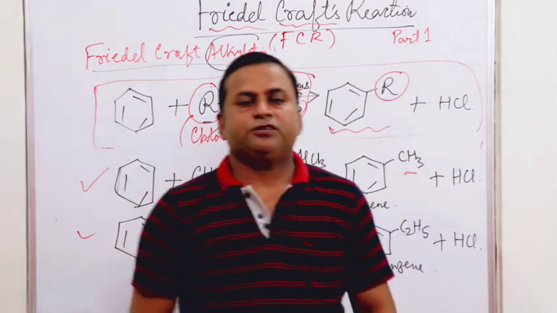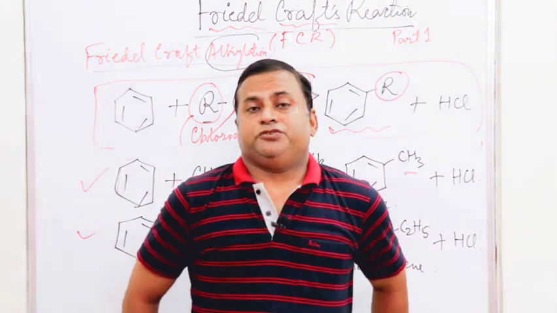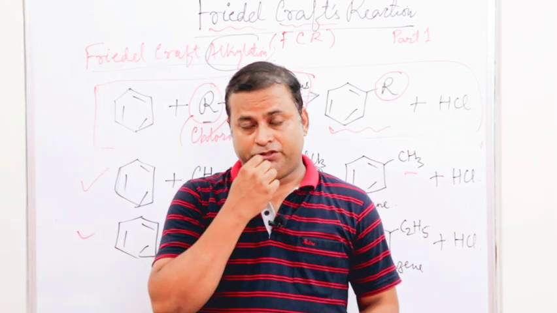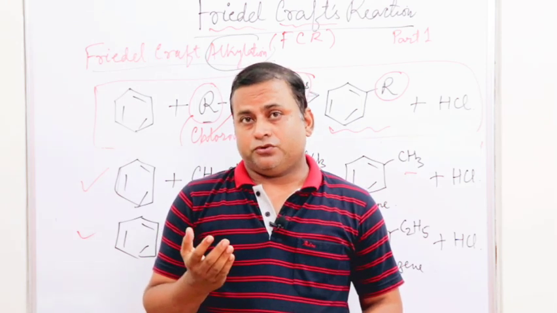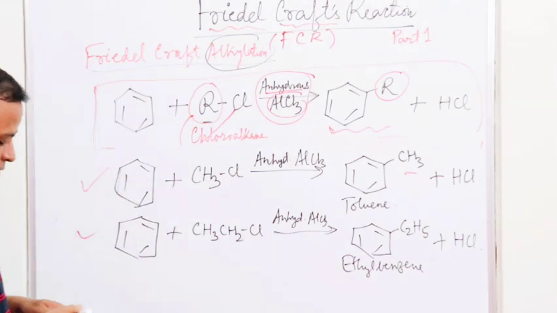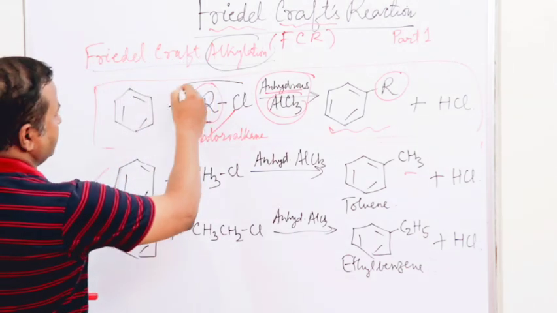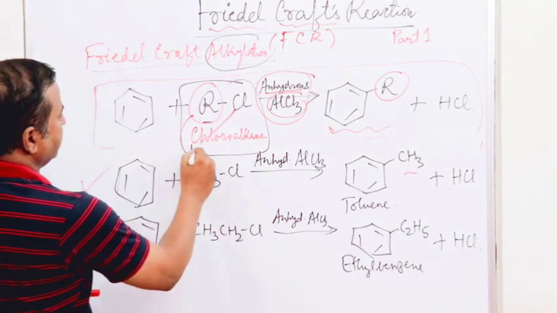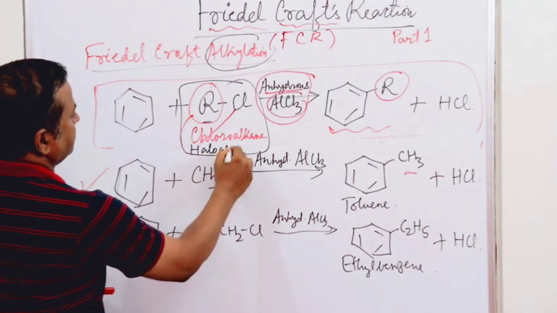So dear student, just now I have told you that Friedel-Crafts alkylation reaction also has certain limitations. So now let us concentrate on the limitations of Friedel-Crafts reaction. First thing, we can see here we have taken a haloalkane.